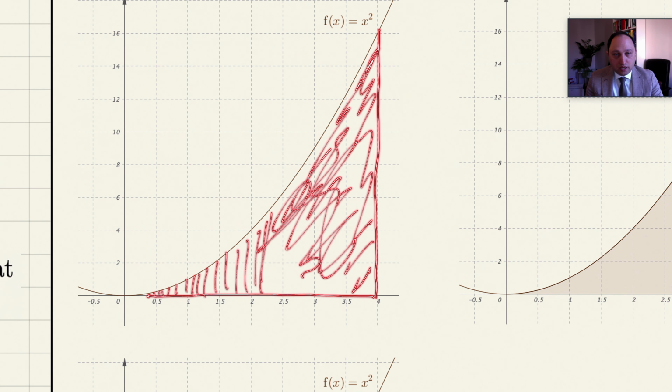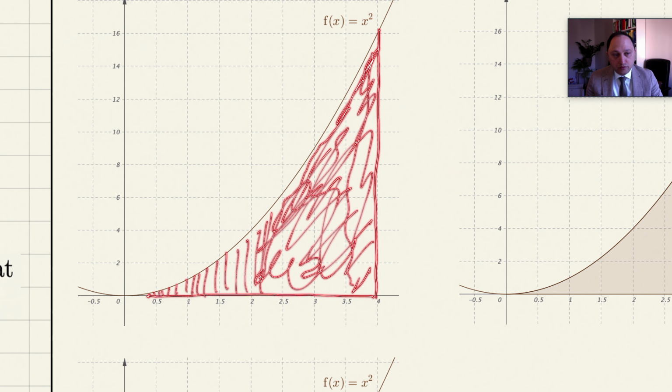It is not a triangle, it is not a circle, it is not one of those shapes that we know how to calculate. By the way, Archimedes was able to calculate the exact value of this area by a method more or less similar to what I'm going to describe, which is completely correct according to today's calculations.